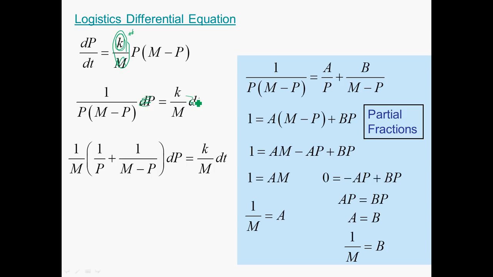So now I'm going to go back and do calculus. Since the A and B were the same, I replaced this fraction with these two, where A is 1 over M and B is 1 over M, and then I just factored the 1 over M out to the other side.